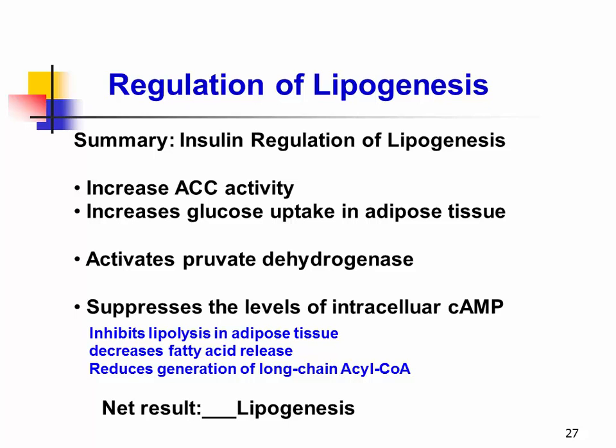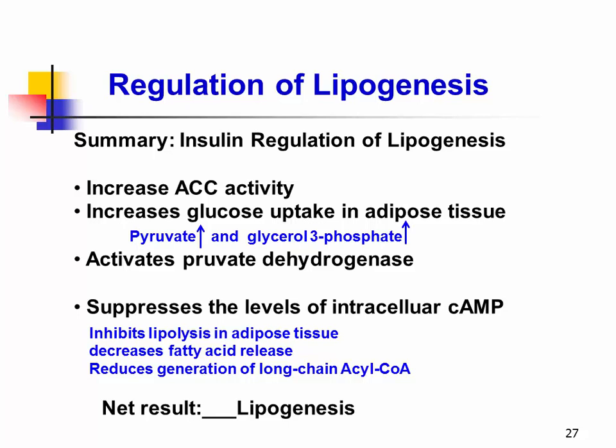I just wanted to summarize that insulin regulates lipogenesis. Insulin increases ACC activity by directly regulating phosphorylation and dephosphorylation of ACC, and insulin can also increase glucose uptake, remember, in the adipose tissue. So pyruvate will be increased, and glycerol-3-phosphate is also increased.